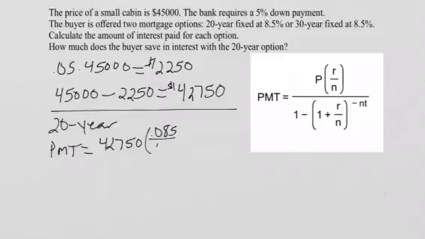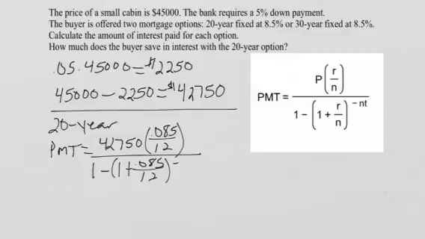Again, so it's monthly, so 12 over 1 minus 1 plus 0.085 over 12 raised to the negative 12 times 20 years, so my T is 20. Now if I calculate this up, doing all the calculations, we get our monthly payment to be $422.79. So that's for the 20-year option.